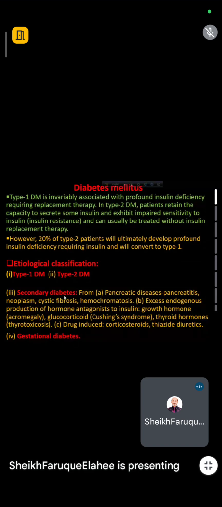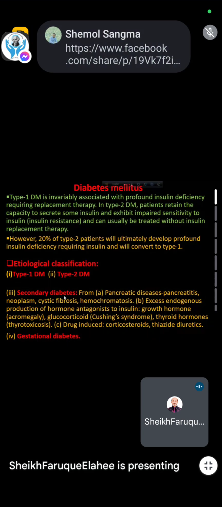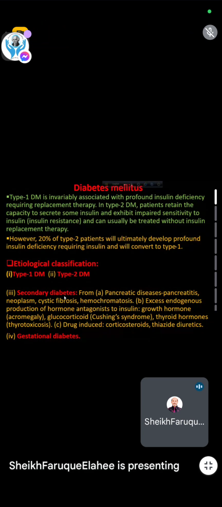Even some unscrupulous homeopaths also use steroid. Only a few people, they are bad people. So steroid from any source, any doctor, if it is more, will produce diabetes in the patient. So this is also secondary diabetes.